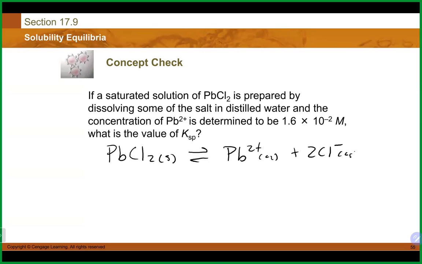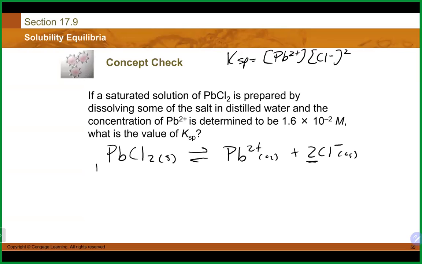That will give us our KSP, our equilibrium expression of lead times Cl minus, and once again, we do need to square it because of the 2 that is there. Now, in a table like this, if you come across anything that's a solid or a liquid, you really should ignore it because frankly, it's not involved in equilibrium.